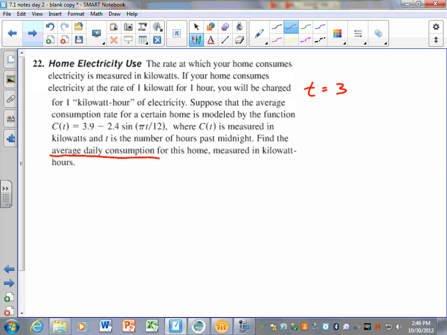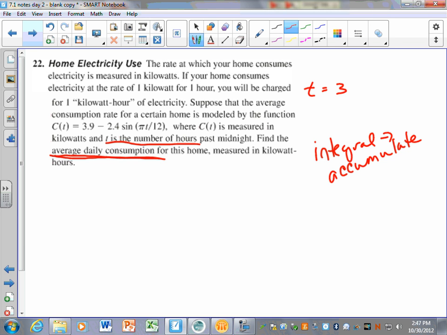And so another use of integrals is we like to call them the accumulator, because we can accumulate or add up things. It's kind of like thinking about the total area traveled, but not exactly. So if t is in hours, and I want the average daily consumption, how many hours are in a day? 24.